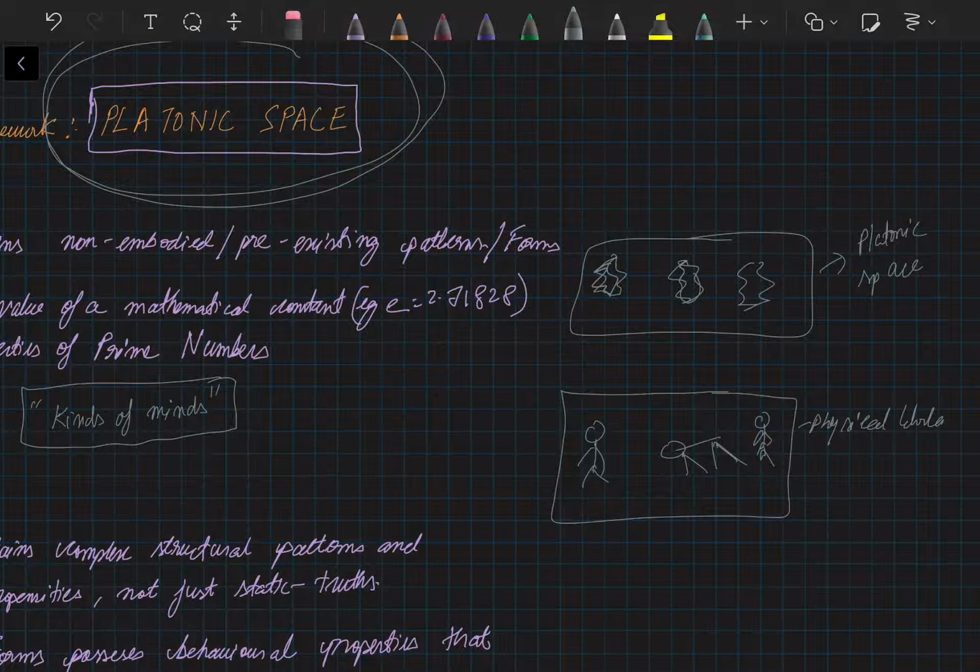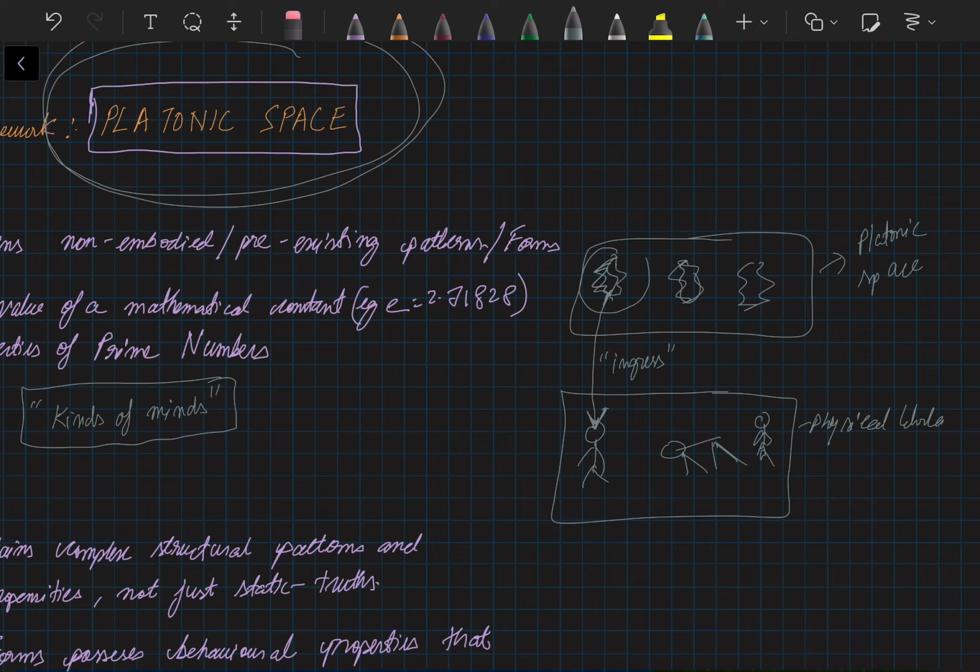So these patterns use the bodies as a medium, as a hardware, to manifest themselves in the physical world, which Michael Levin terms ingress. So this thing uses this body to manifest or to access the physical world. To use Michael Levin's vocabulary, he uses the term ingress.